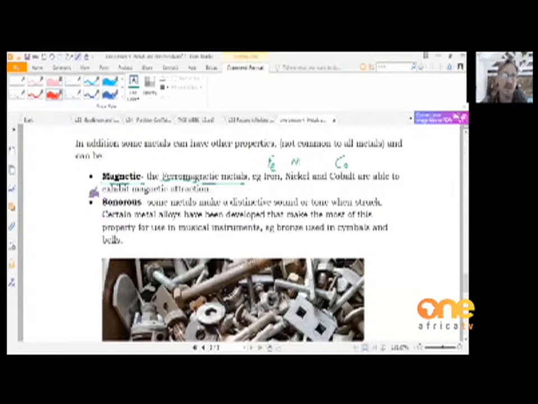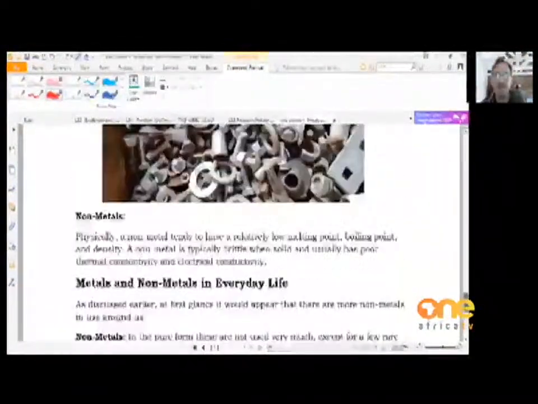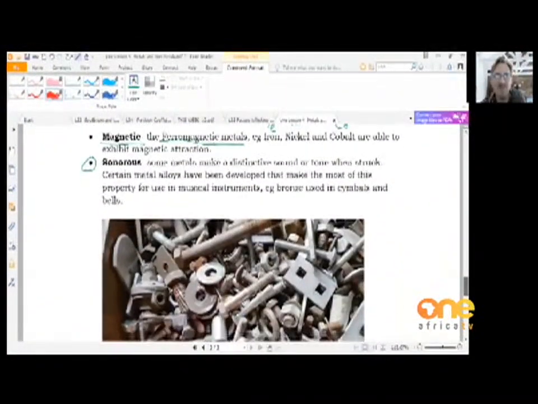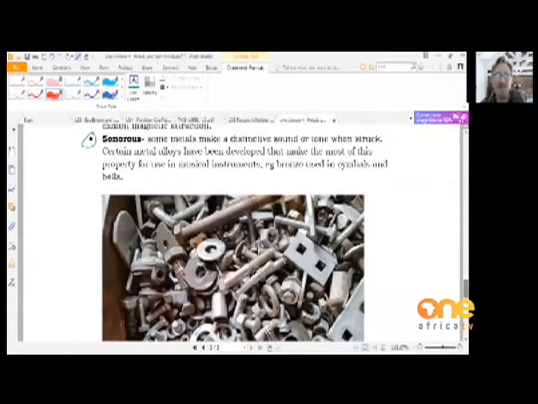Sonorous. As a musician, this is one of the properties of metals that to me is the most interesting and the most important. I should have looked for some photograph to include here, but instead I've got this nice stock photograph of nuts and bolts and random bits of metal.